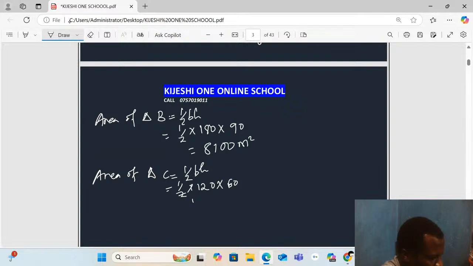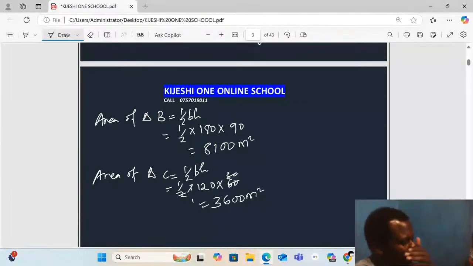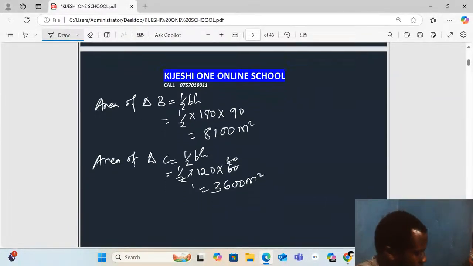Calculating, we have 3,600 square meters.